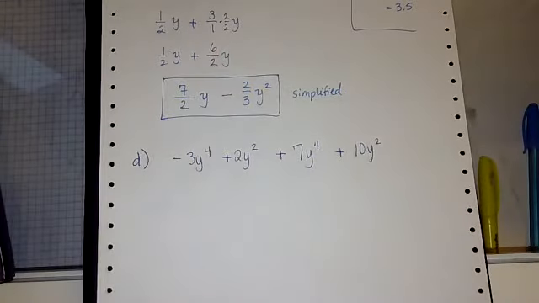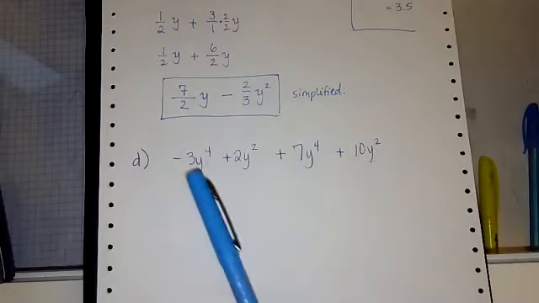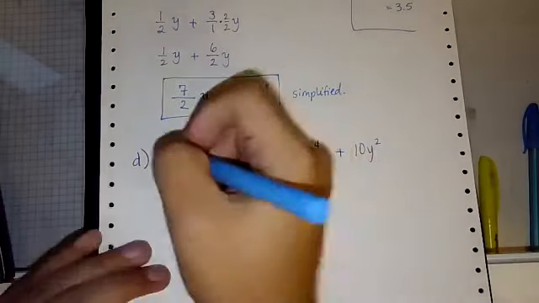So, can anybody tell me what this would simplify down to? We simplify both y to the 4th and y squared. Divide? No, not divide.